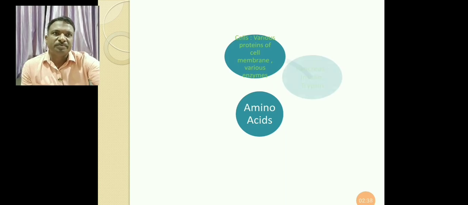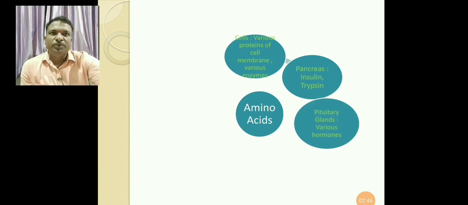The amino acids obtained by digestion of these proteins are converted in cells into various types of proteins, like the cell membrane or various enzymes. In the pancreas, these are converted into insulin and trypsin. In the pituitary gland, these are converted into various hormones.